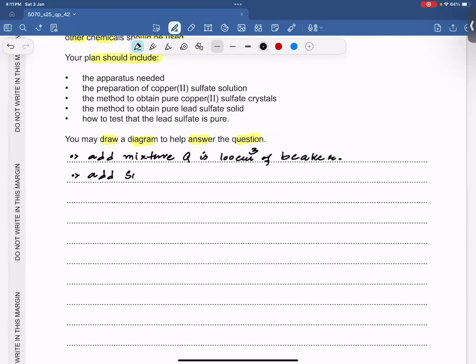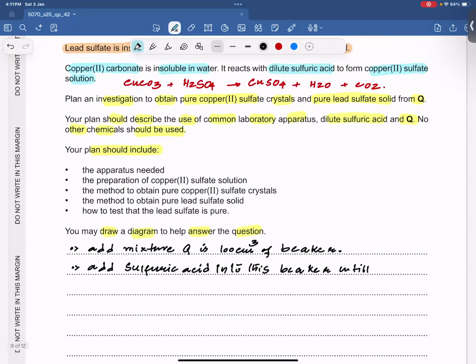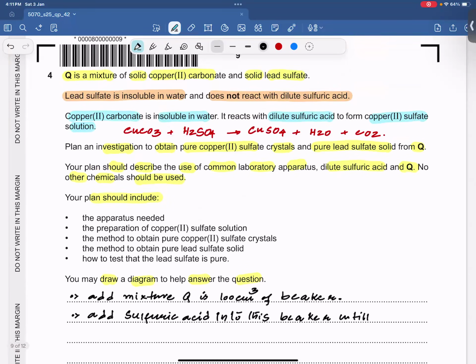Add sulfuric acid into this beaker until lead 2 sulfate will remain.